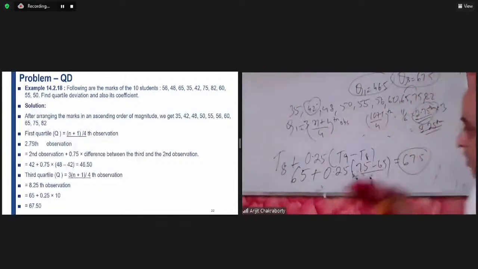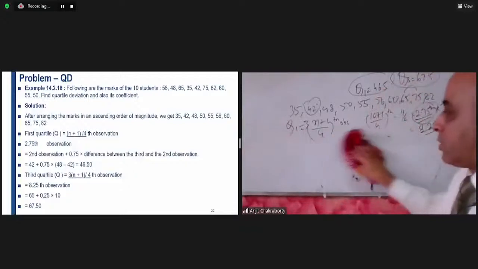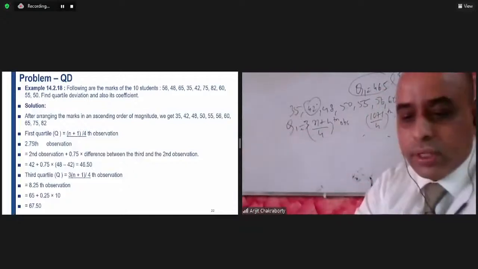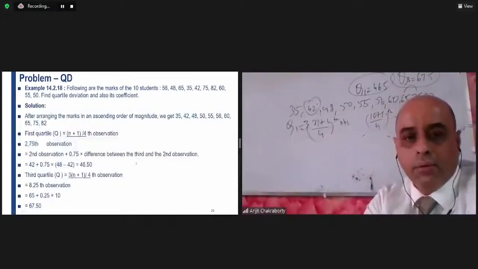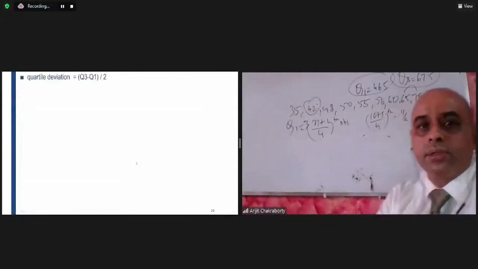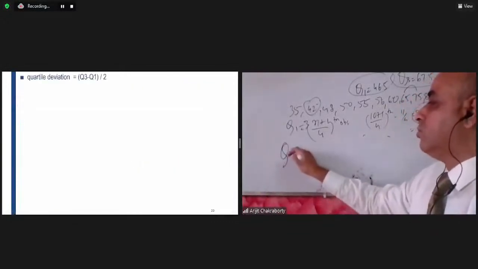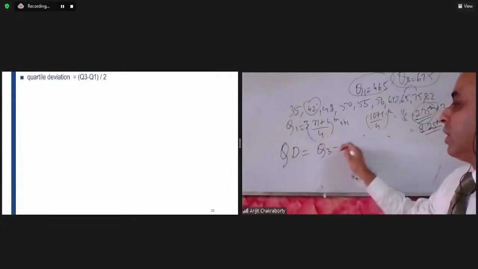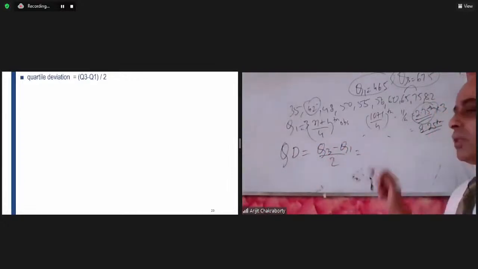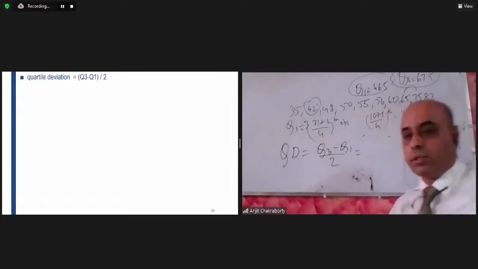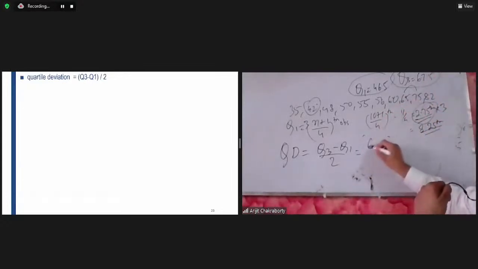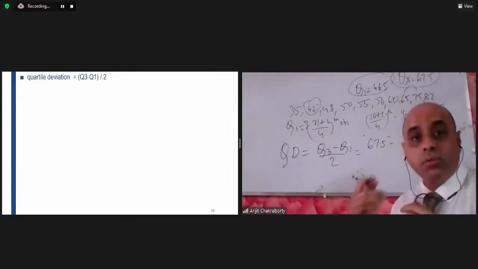Now we rub up this part and we calculate the last part, that is the quartile deviation. Okay. Now we will find out quartile deviation. So we know quartile deviation QD is equal to Q3 minus Q1 by 2. What is Q3? 67.5. How much is Q1?